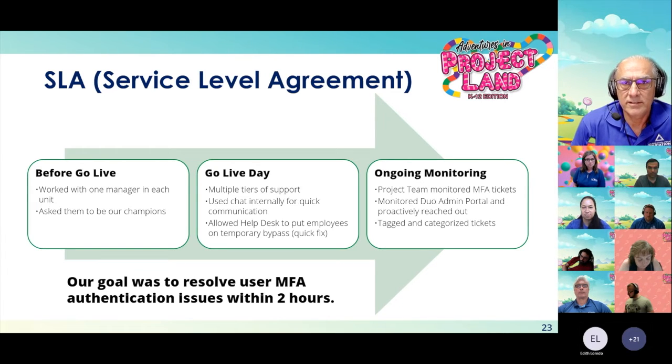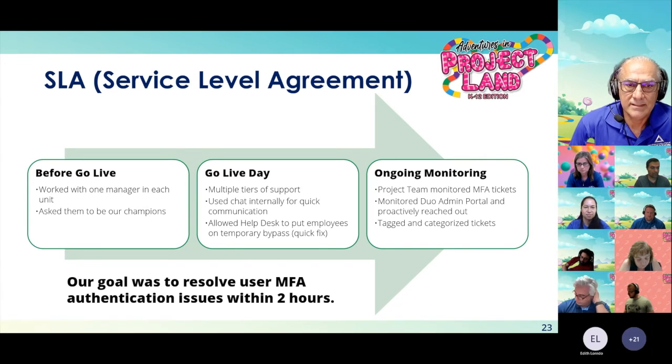There were multiple tiers of support, as I mentioned, on the go live day. If tier 1 could not resolve an issue, they would assign the ticket to someone in help desk, which was our tier 2, and let them know via team chat that a ticket was assigned to them. If help desk could not resolve it, then it would go to the cybersecurity team.